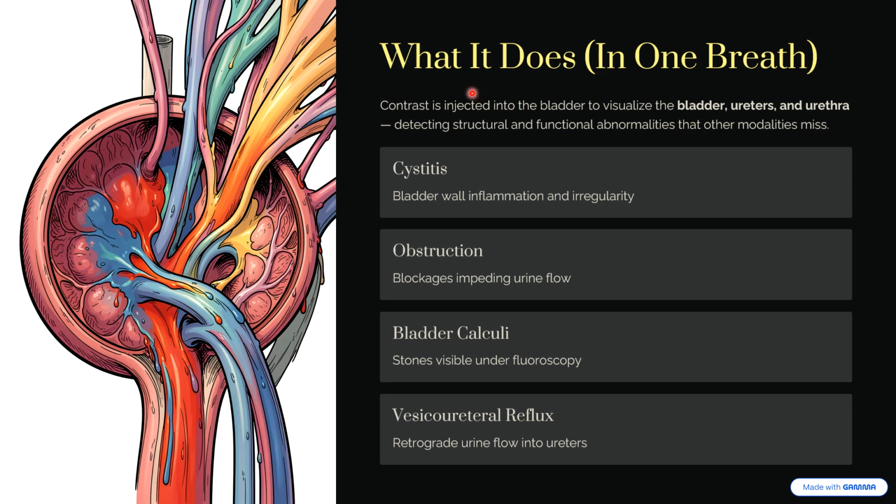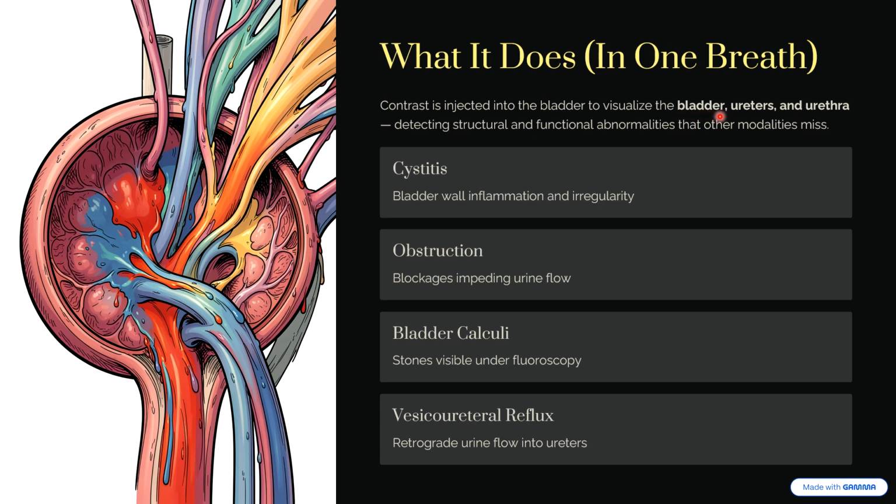In few lines, we will understand what it actually does in one breath. Contrast is injected into the bladder to visualize the bladder, ureter and urethra. So it is very important to note down that three very important parts of the urinary system are highlighted in cystourethrogram.